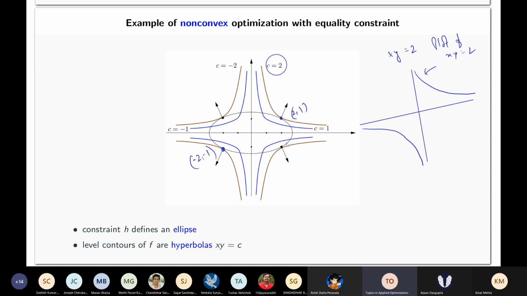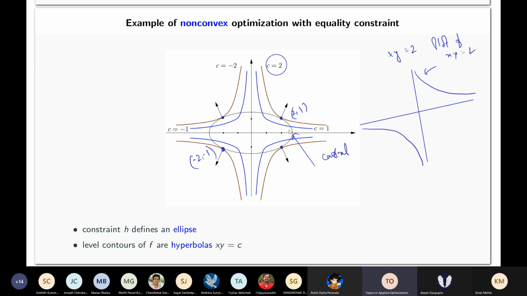And once again, remember, the ellipse was our constraint, and we moved around and we found where it just touches, right? And those touch points were these four points in this case. And touch points could be maxima or minima, right?